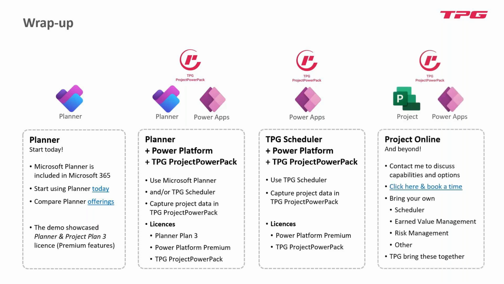And again, as you just saw, Project Online and beyond, if you're an organization working across various different applications to help manage your projects, and you want that kind of single pane of glass to be able to report and manage your projects, then we can do that.